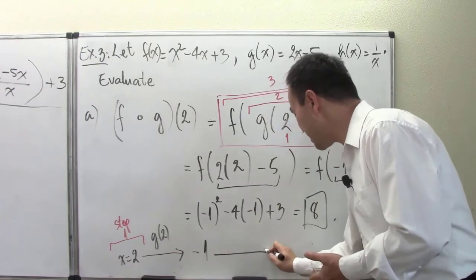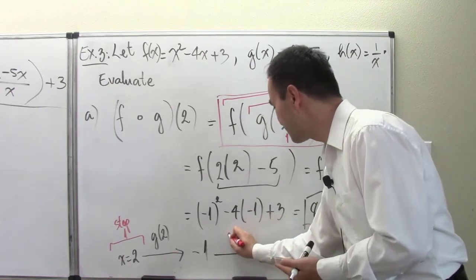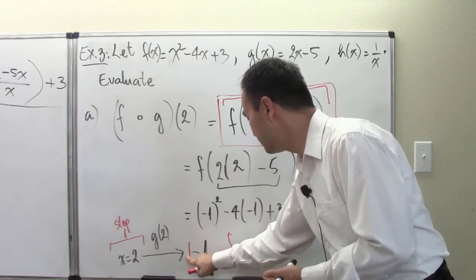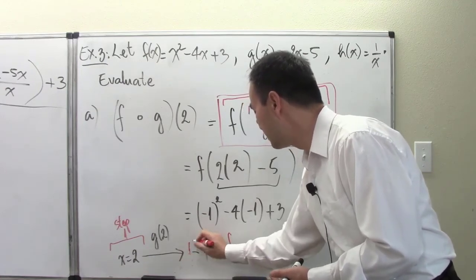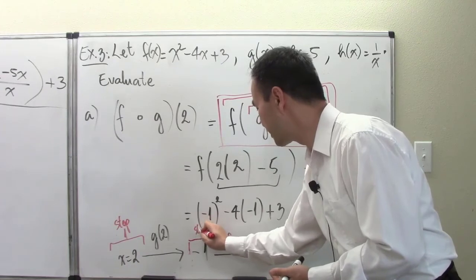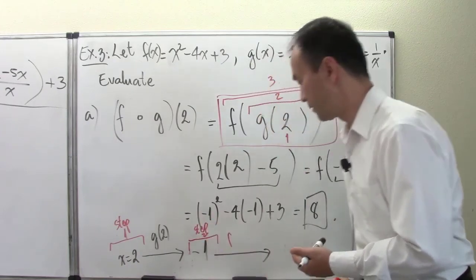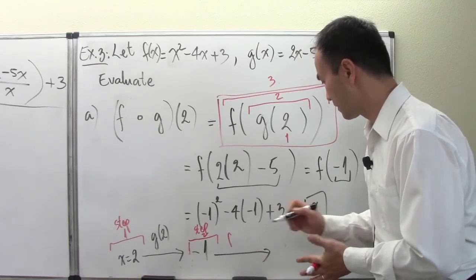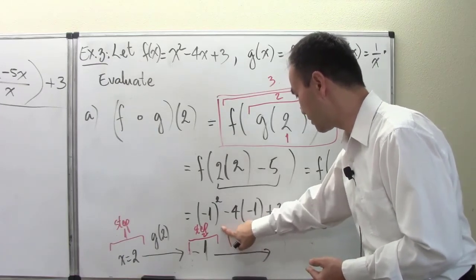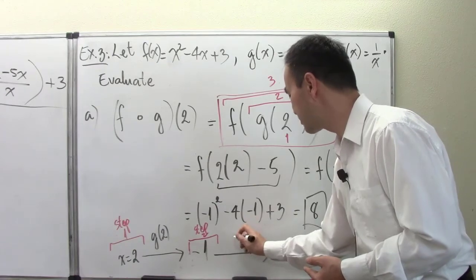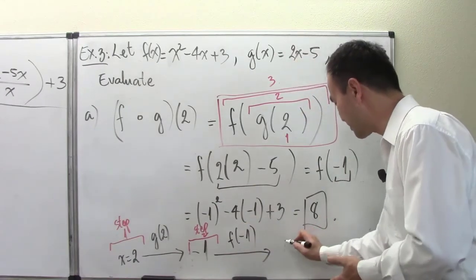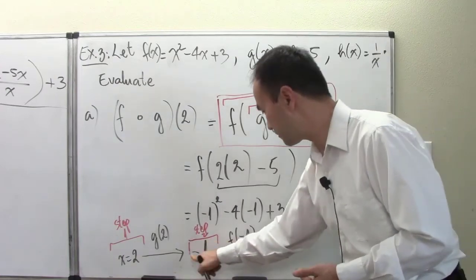And now the function f, and this is step 2 right here. That's level 2 right there. So through the function f, it's going to take us to that final answer being 8.